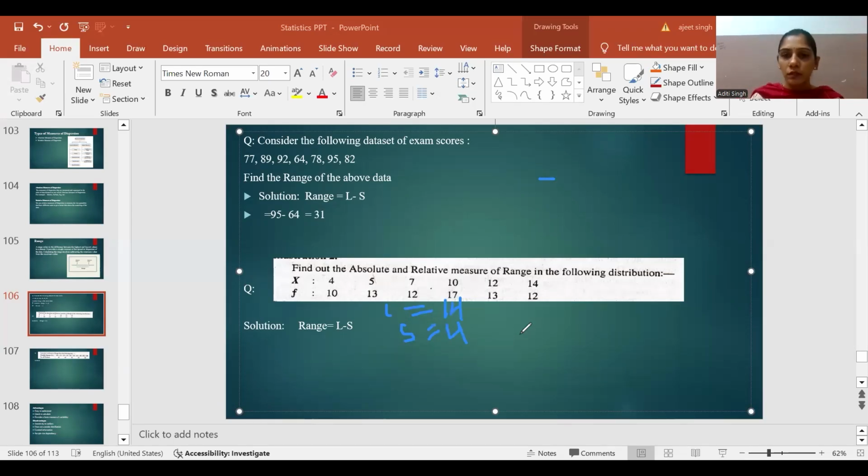We put all these values in the given formula. The largest value is 14 minus 4. So what is the value of range? 10. This is how we calculate range. Now we will calculate the coefficient of range.